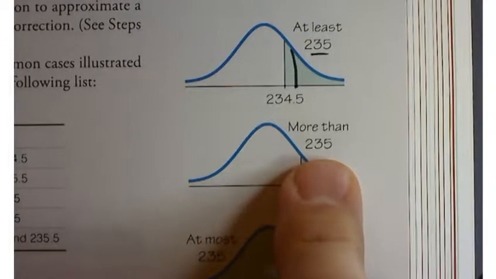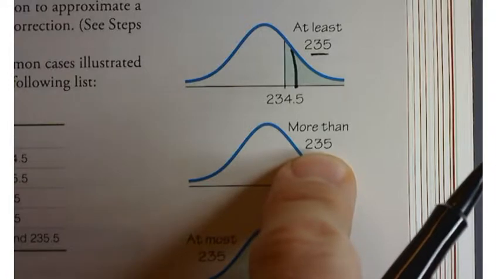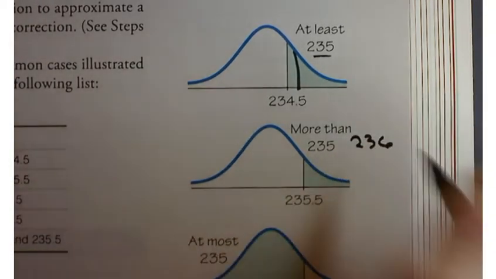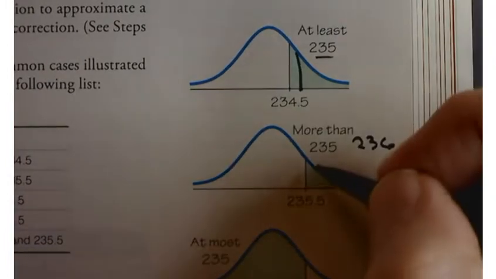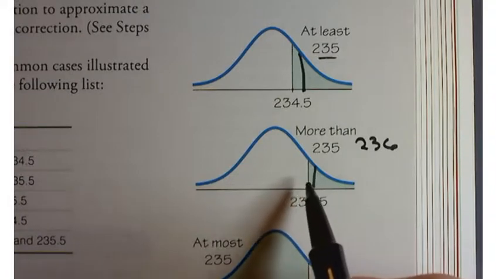Let's move down to the next one. More than 235, would that include 235? No. So that really means 236 is where you start. So if I drew my 236, my continuity correction says I want to make that area bigger by 1/2.